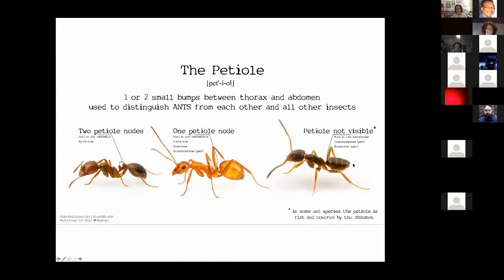And then the third group here is the Dolichoderine ants, the smelly ants. These ants actually smell good for an ant. Some people get very disappointed, but for an ant, they do smell good, because the other option is formic acid, which doesn't smell good. So this third group smells kind of sweet. We have the odorous house ant, or the banana cream pie ant, same thing.